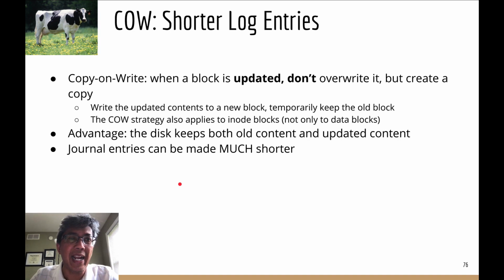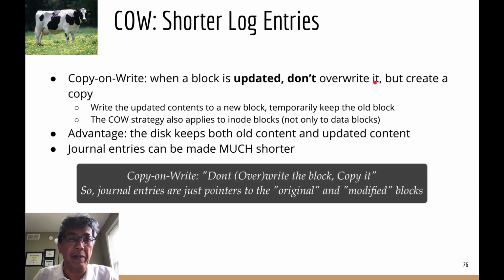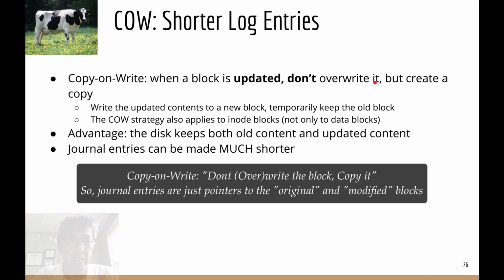If you remember the cow, copy on write, we can apply the same principle to our file system log entries. Using this policy, whenever a block is about to be altered, the policy says don't alter the block but make a copy of the block.